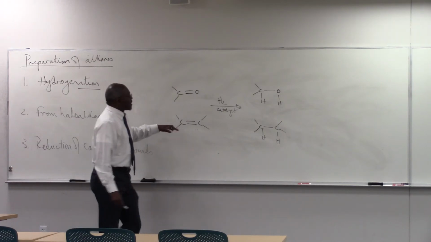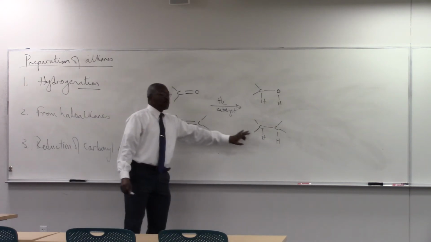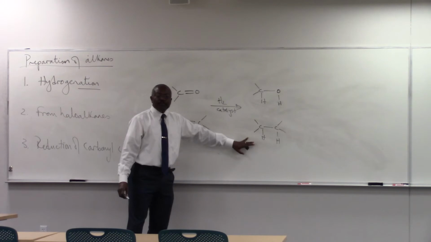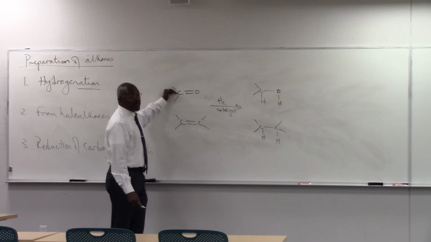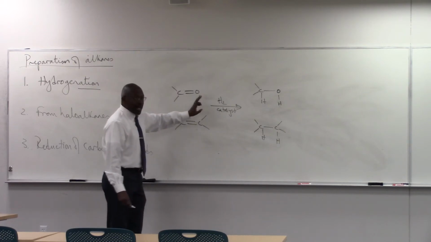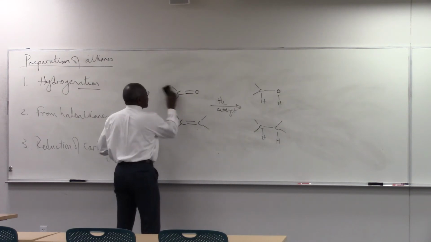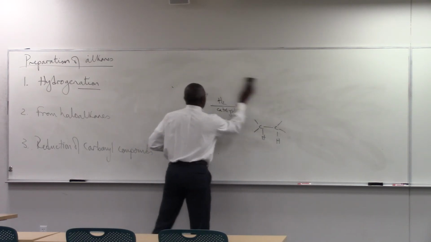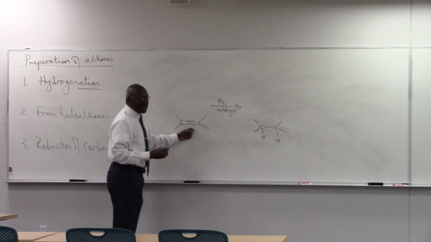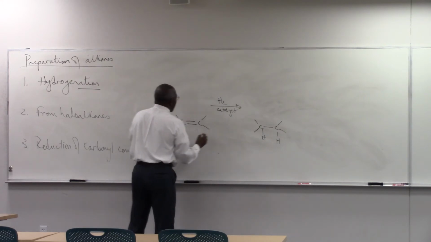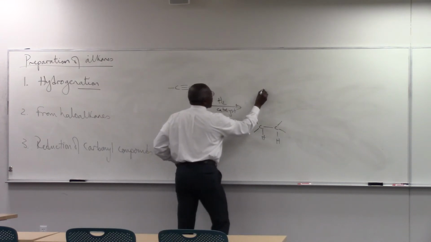What we're going to look at then is how we do hydrogenations into alkanes. Obviously, if I do a hydrogenation of a carbonyl compound, I'll end up with an alcohol. That's not my target. So we're actually going to do just the bottom reaction. We can hydrogenate an alkene into an alkane, or I can hydrogenate an alkyne into an alkane.